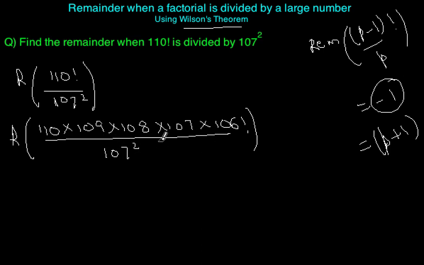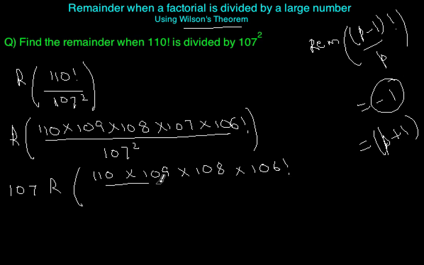Now we can bring out one of the 107s, and cancel one 107 from both numerator and denominator. So I have removed one 107 from here and one from here.